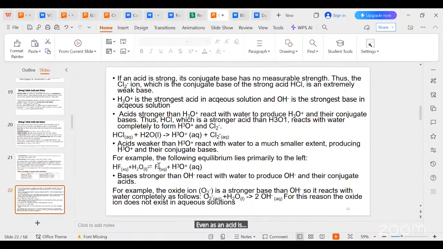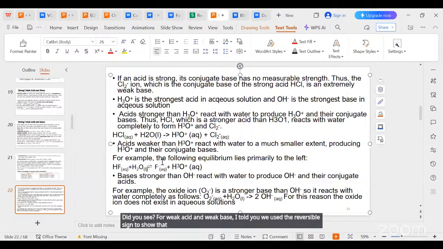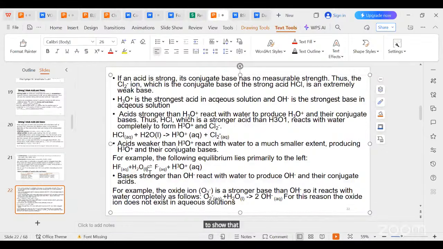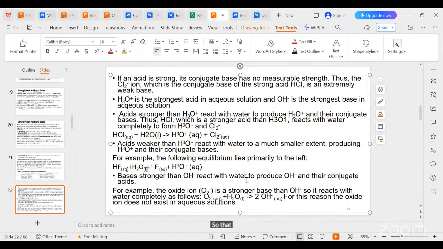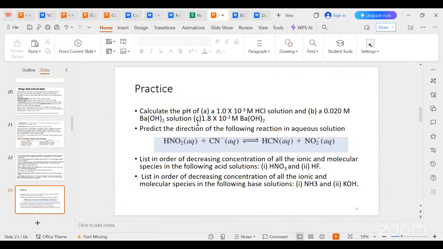Did you see for weak acid and weak base, I told you we use the reversible sign to show that something is happening. But for strong acid, strong base, we just use one line to show it. So that's one key thing you must know. Let's look at this question.